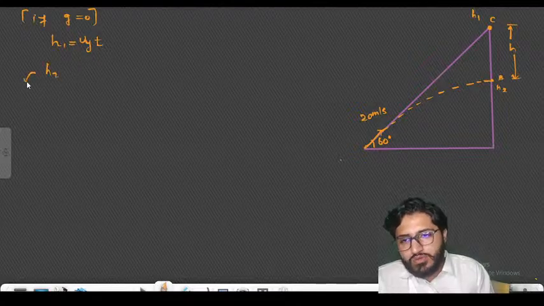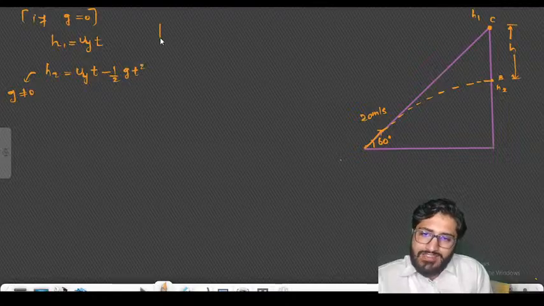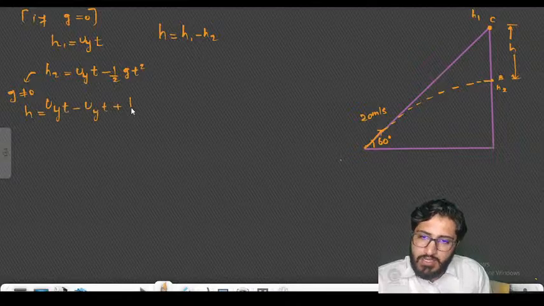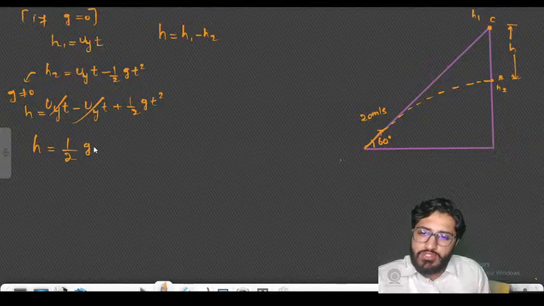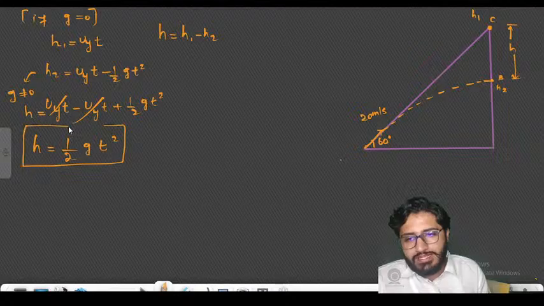If there is gravity, g is not equal to 0 now, so I can write here h2 equals uy multiplied with t minus 1 half of gt square. So what is h? H is equal to h1 minus h2. So h equals uyt minus uyt plus 1 half of gt square. Cancel out. So my height comes out to be 1 by 2 gt square. This is my value of my height.